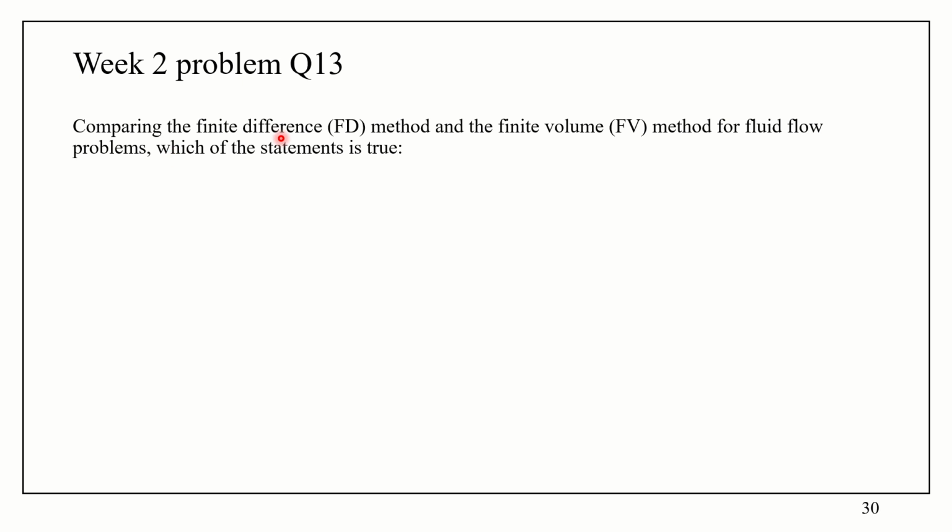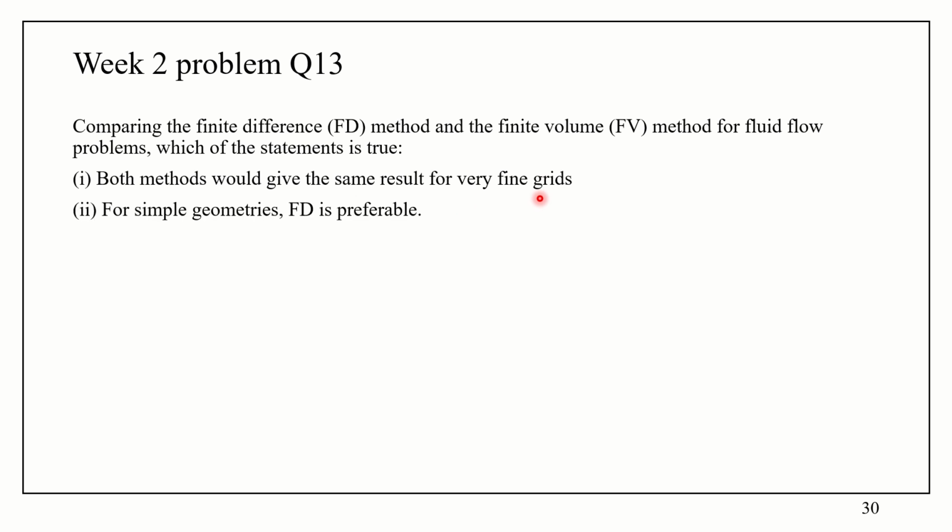Comparing the finite difference method and the finite volume method for fluid flow problems, which of the following statements is true? First one, both methods would give the same results for fine grids. Second one, for simple geometries, FD is preferable. Third one, FD is preferable for irregular or complex geometries.